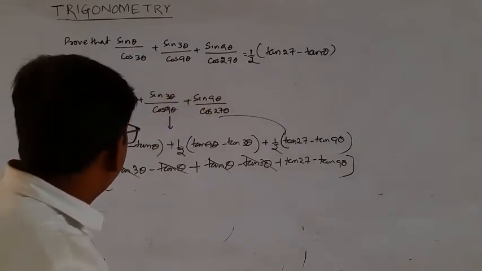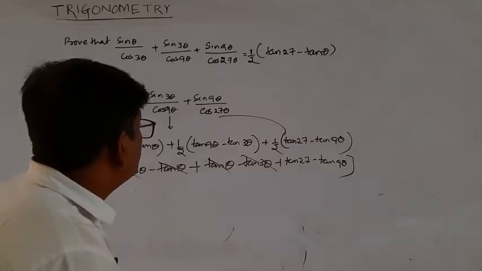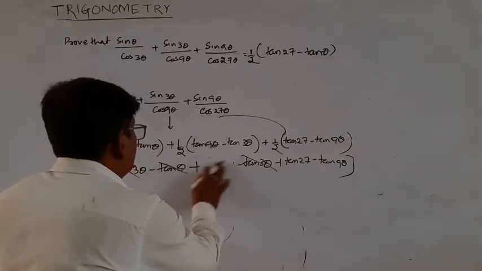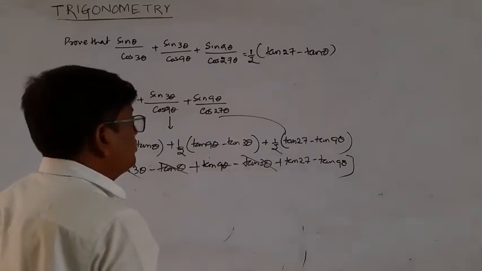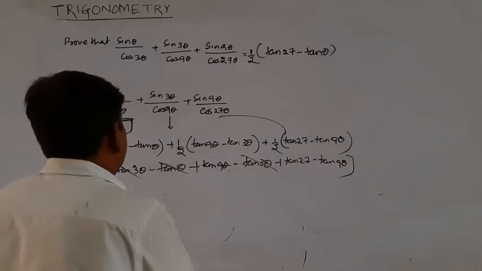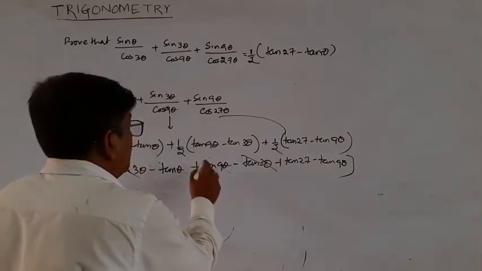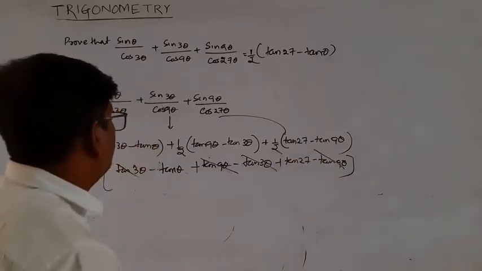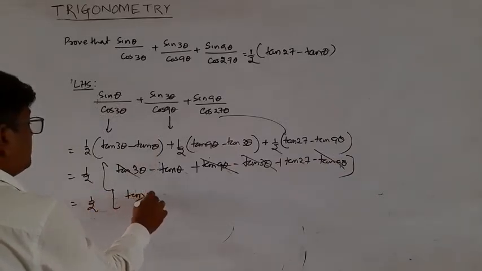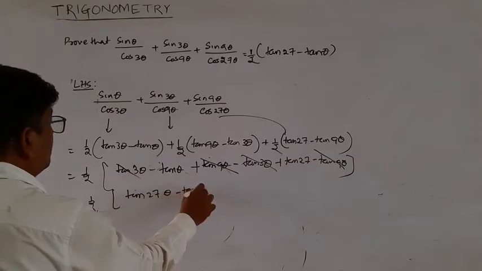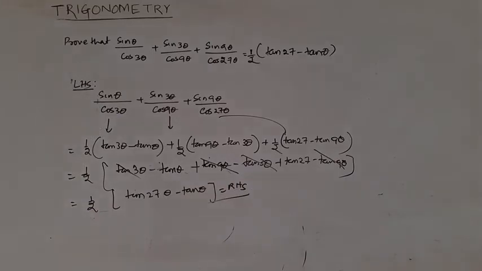So 1 by 2 common here, tan 3 theta minus tan theta, plus tan 9 theta, minus tan 3 theta, and this is minus tan 9 theta. So 1 by 2 into tan 27 theta minus tan theta, which is equal to the right hand side.